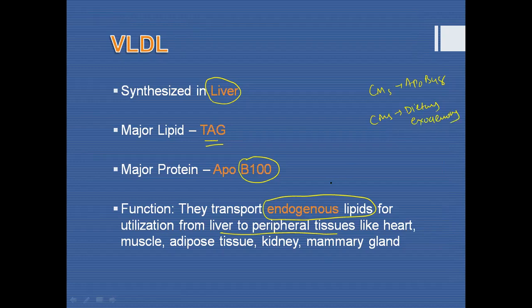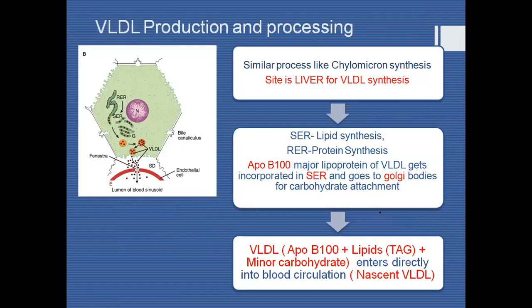Here, VLDL transports the TG which is synthesized by the liver, and it will deliver this triacylglycerol to various peripheral tissues. Okay, so this is the main difference. Production and processing is more or less the same as chylomicron, so we are not going into much detail.